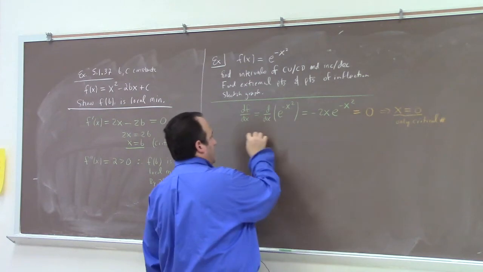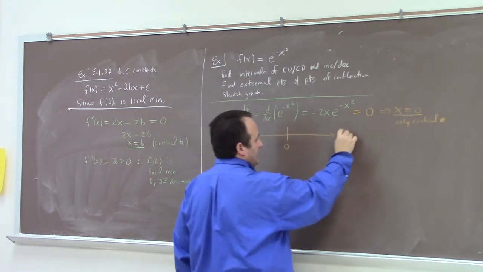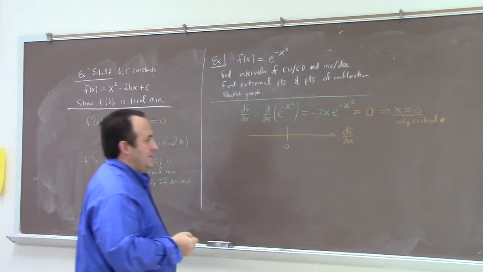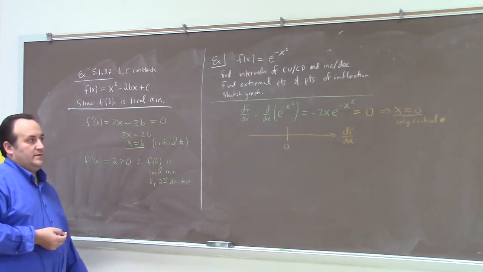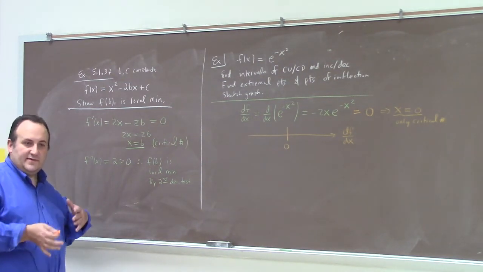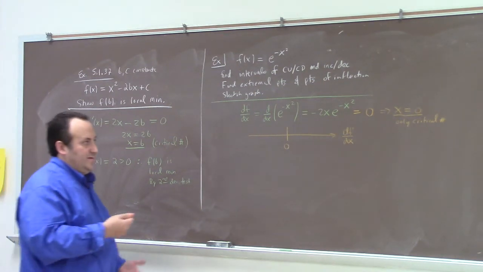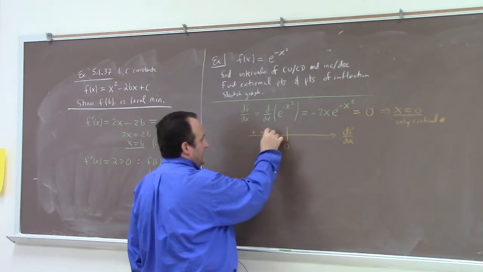So I can already draw my number line here for df dx, right? And what's the story? If you plug in a negative number, you get minus 2 times the negative number times the exponential. Well, the exponential is positive, so negative times negative is positive. So the derivative is positive to the left of 0.